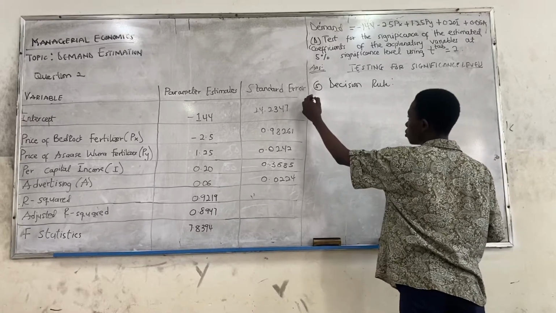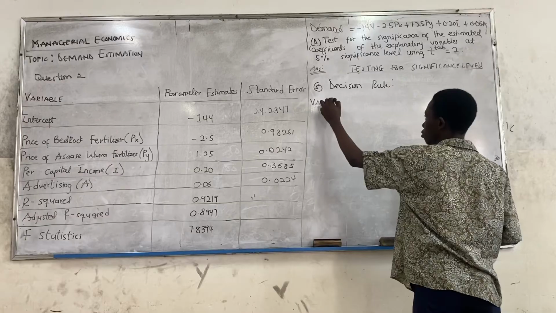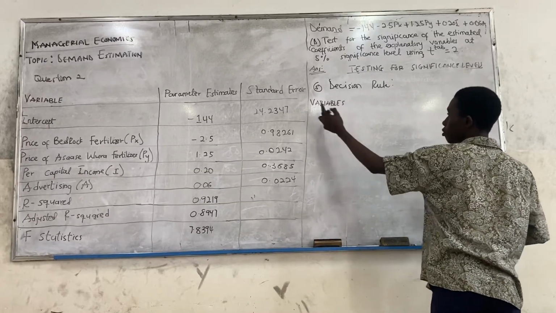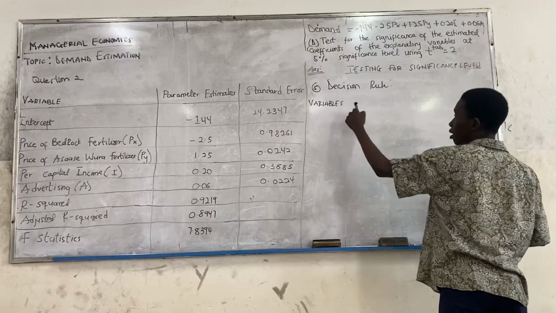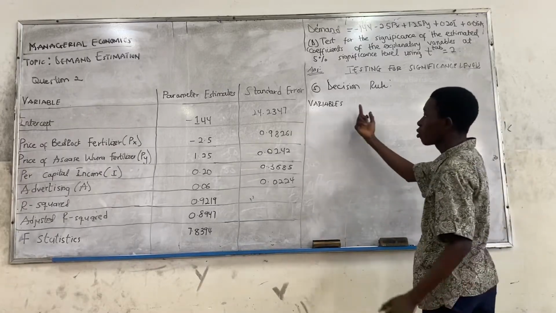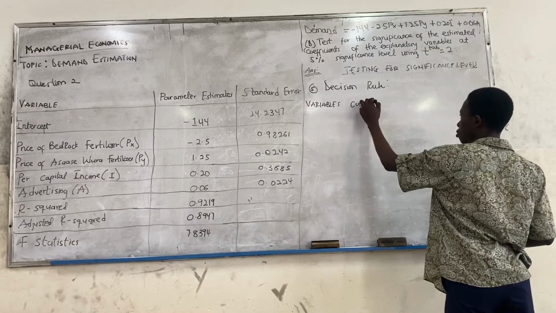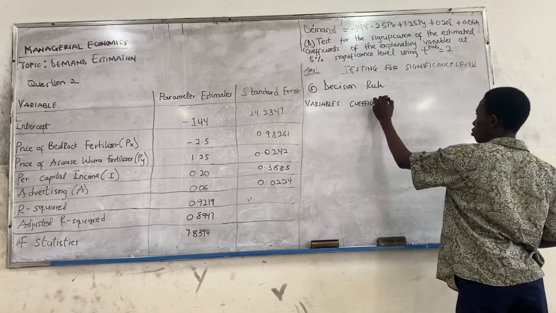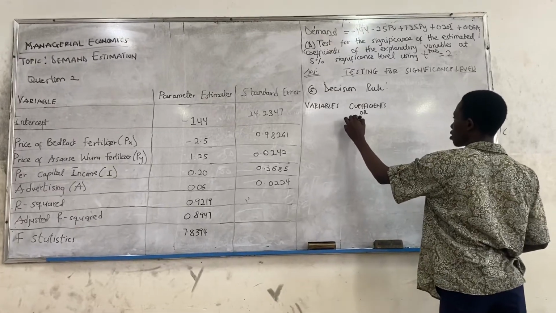So we have the variables. Another name for parameter estimate is coefficient, so let me use coefficient.